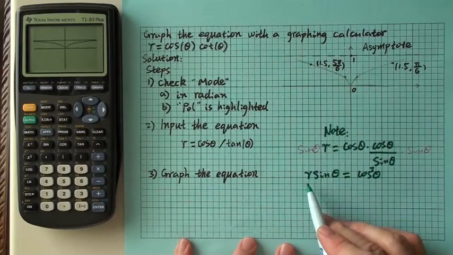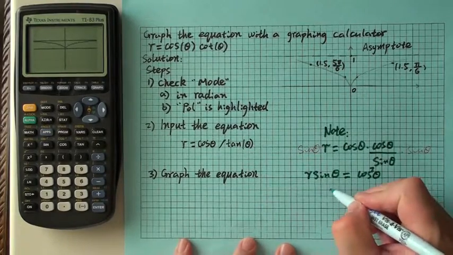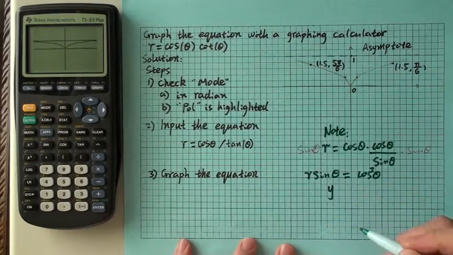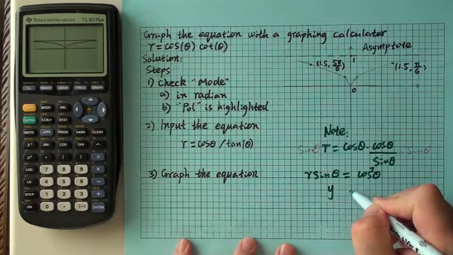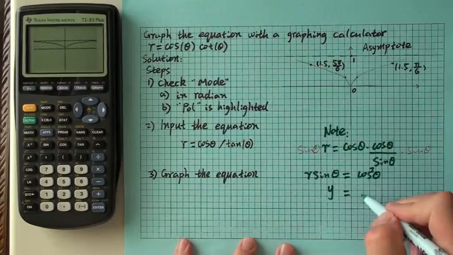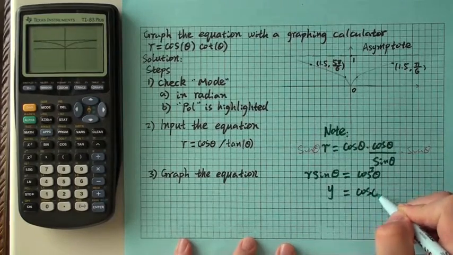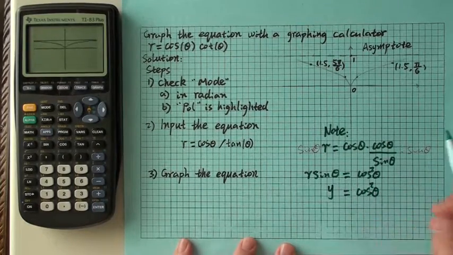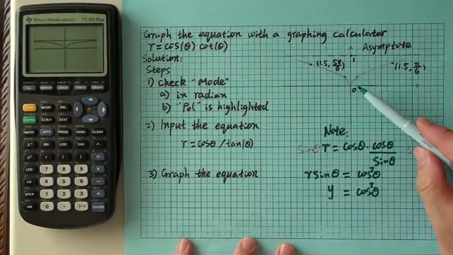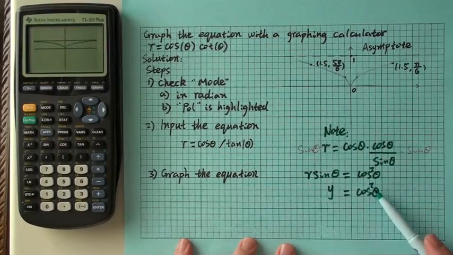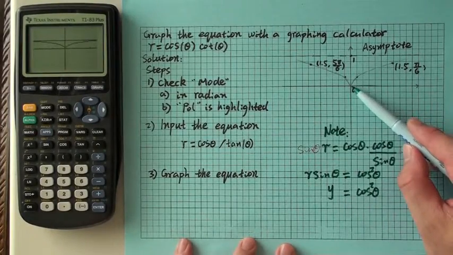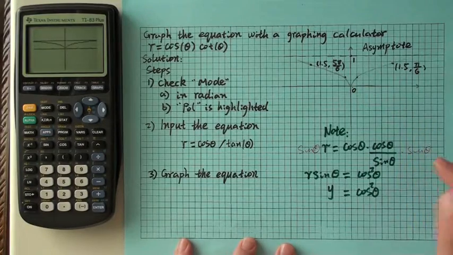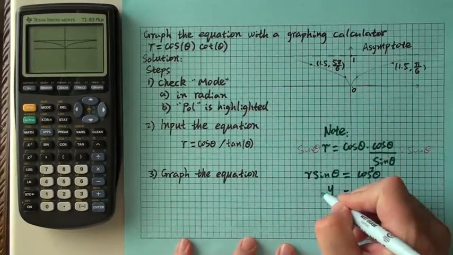Now, look, r sine theta is y. And cosine theta squared is non-negative. That tells us that y is all the time positive, including 0.